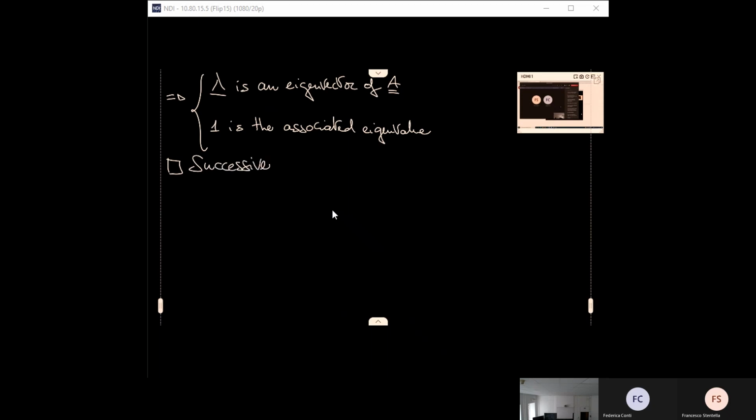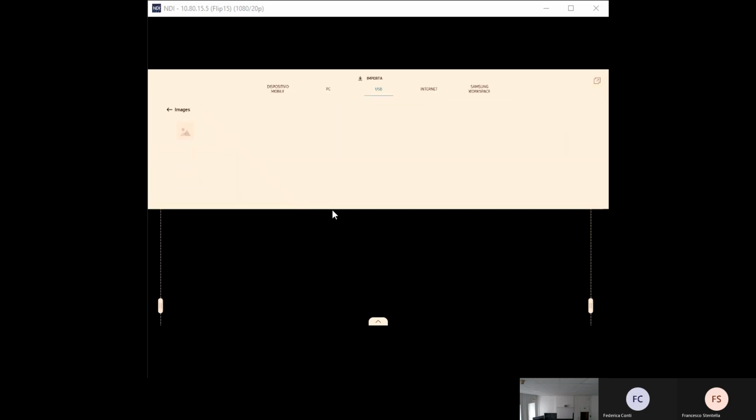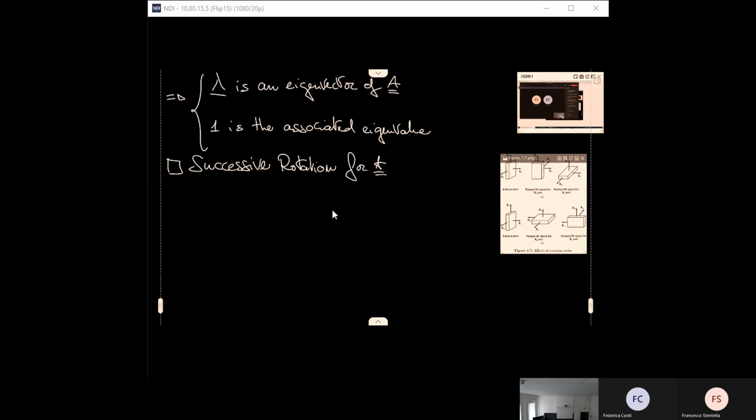Successive rotations. Let's take a look at this.